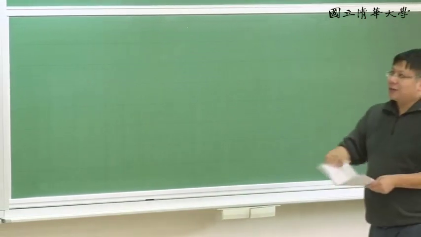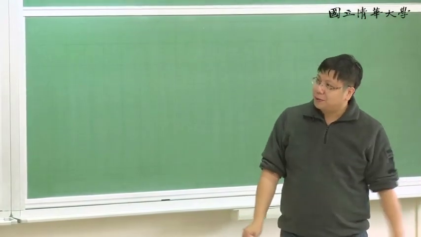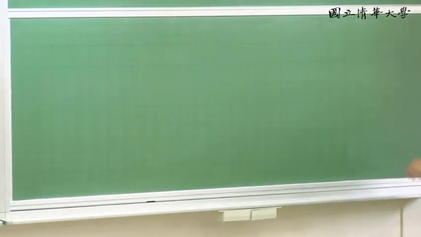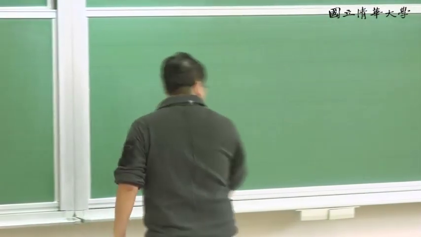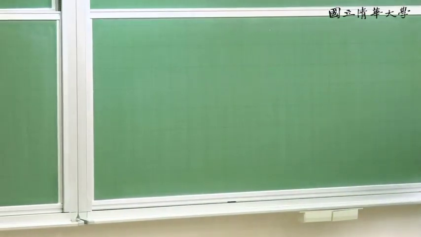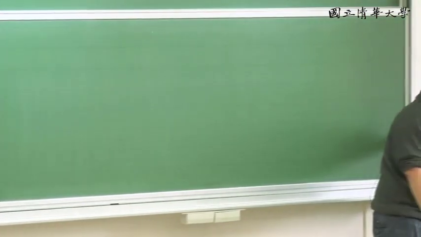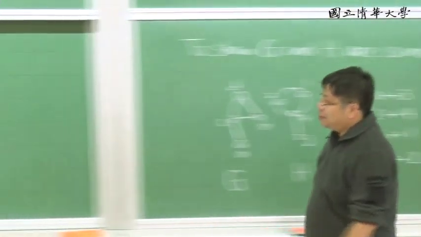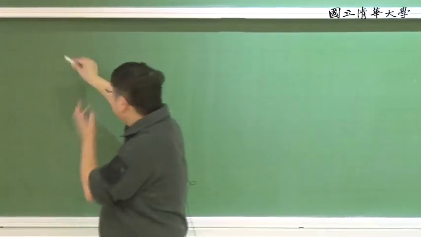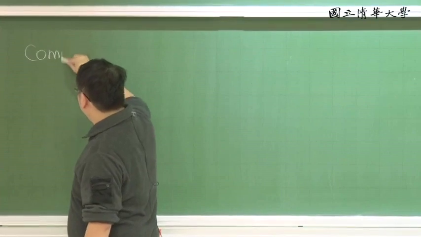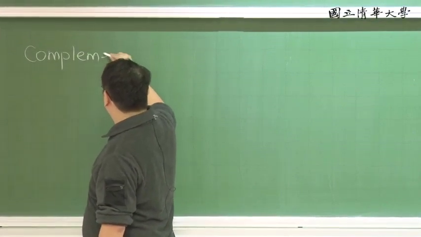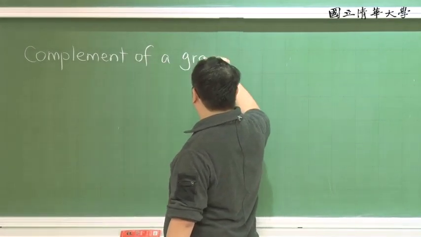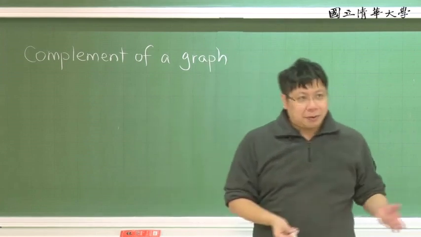Okay, there is one more concept I want to talk about. So this is one final easy concept. We call it complements of a graph. So the idea is very simple.